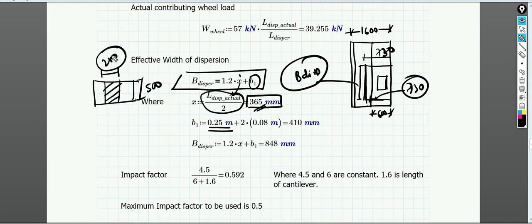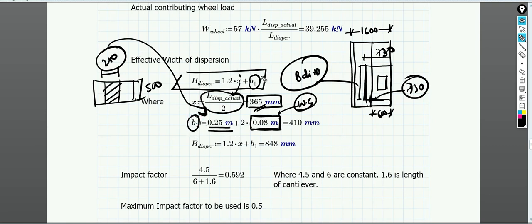So this width 250 will be used here. And this is 0.08, the wearing coat thickness. So b1 is nothing but the width plus 2 times the wearing coat thickness, that will give you b1.